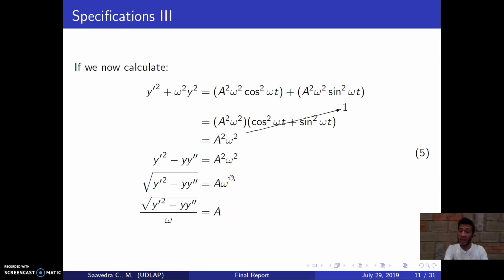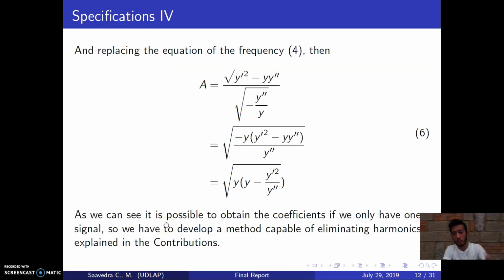Well, if we now calculate something like this, we can obtain the amplitude, but as we can see, we have here just mathematical analysis and the frequency. So we have to replace this frequency here and make some analysis, and we already have the amplitude. So as we can see, it is possible to obtain this amplitude coefficient by having just a simple sine.